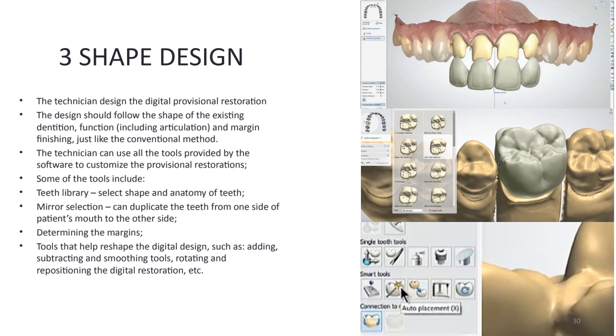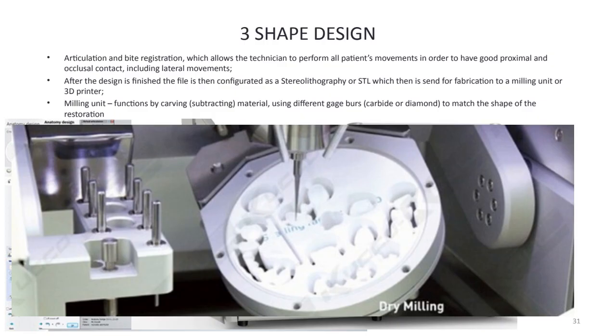So it's exactly like we use a carver when we do a wax up, the same on the digital CAD/CAM software. We have an array of tools that can help us shape the design of the restoration. And then the restoration is sent into either milling or printing.